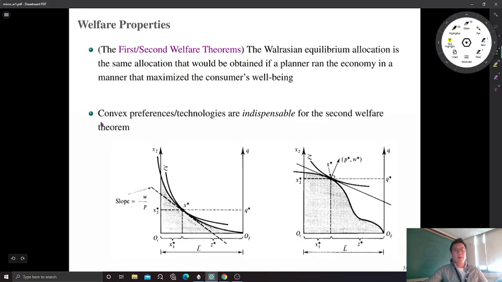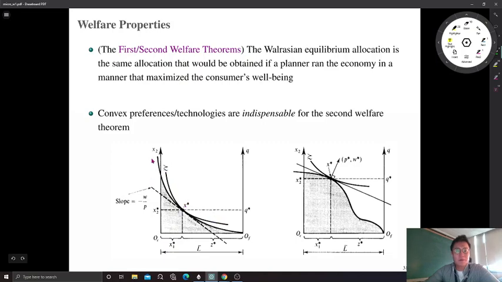And finally, the last point is that convex technologies or convex preferences are necessary for the second welfare theorem, meaning that if a technology is non-convex, then the second welfare theorem may not hold. All right. So if we see that point, here consumers' indifference curve is convex toward the origin, meaning that the consumers' preference relation is convex.